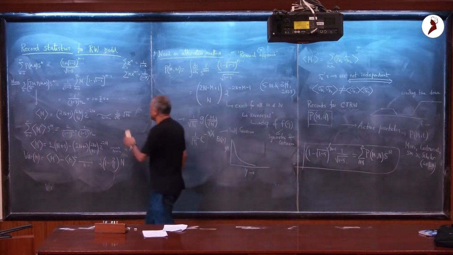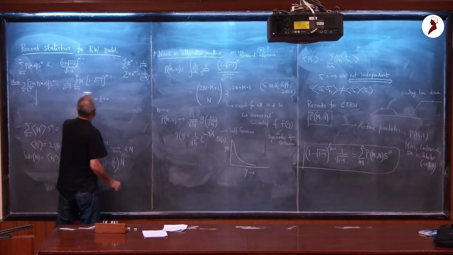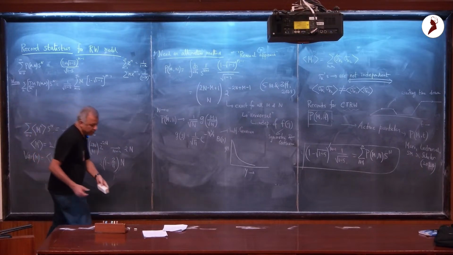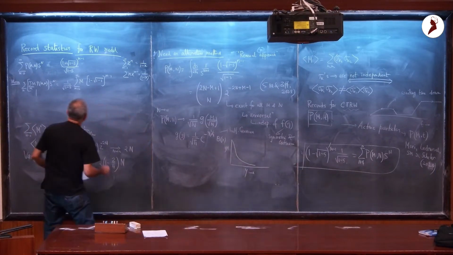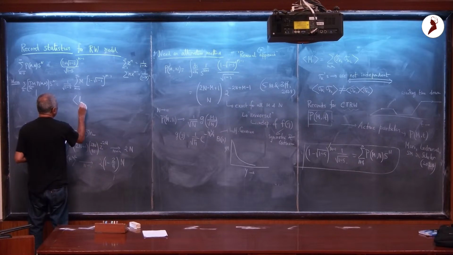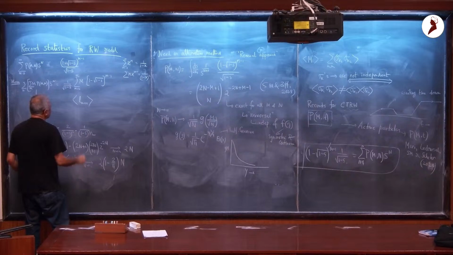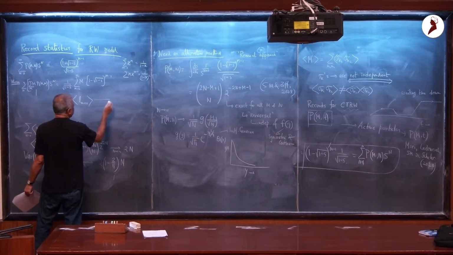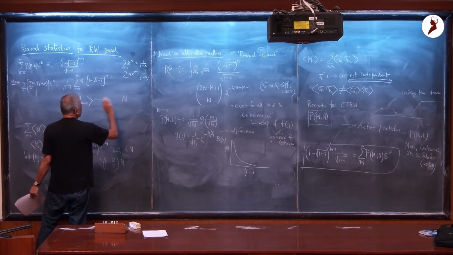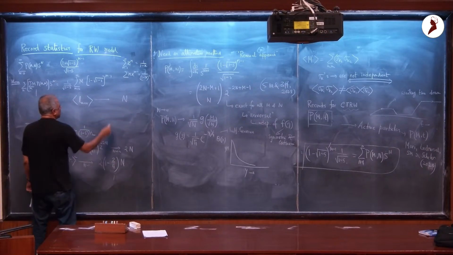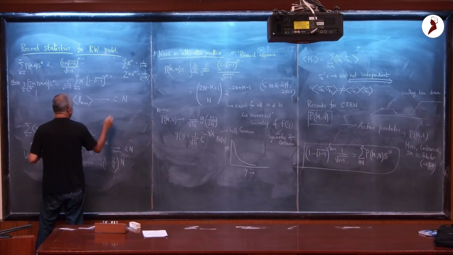I'll not do these things in the class, but just to mention some results, as I mentioned for the IID case. So here also, if you calculate, for example, the longest lasting record, what's the average value of L max? What you find, like in the IID case, is that it grows linearly with the number of steps, because the largest one is, but this constant here is different.